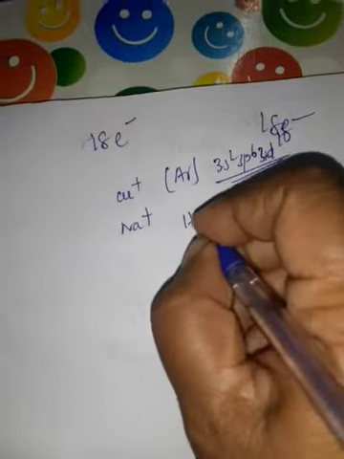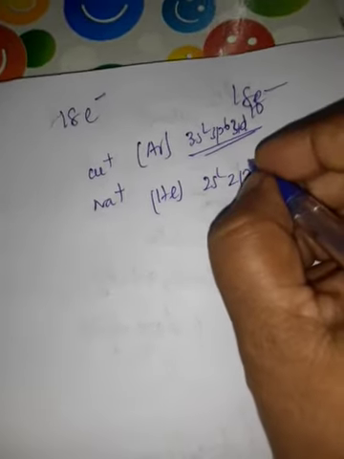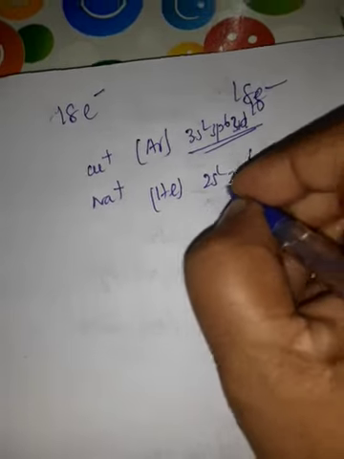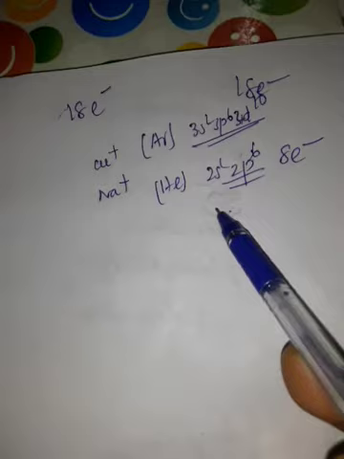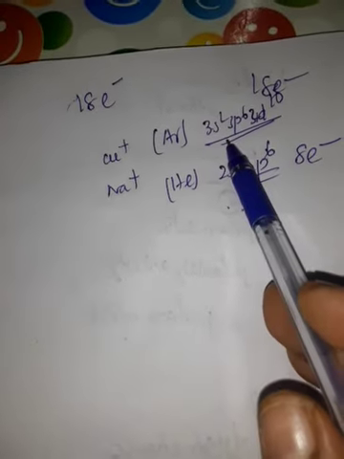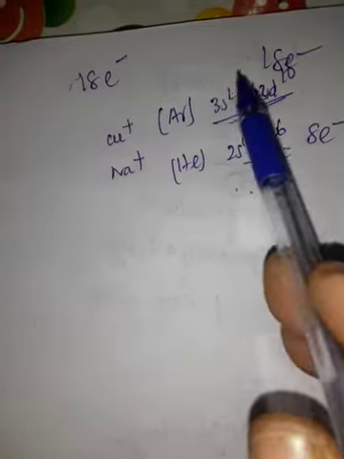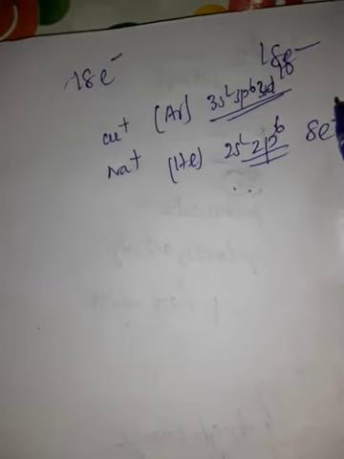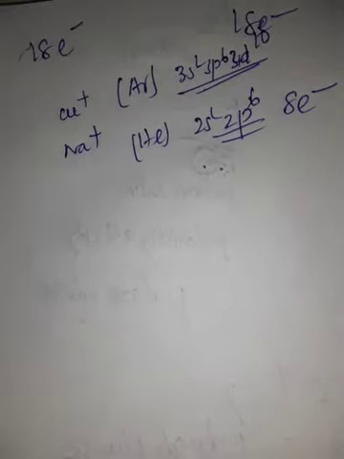Na plus has the neon configuration, 2s2 2p6, only 8 electrons. So compared to Na plus, Cu plus has more polarizing behavior because it has a pseudo-noble gas configuration. This is all clearly explained on page numbers 79, 80 and 81.